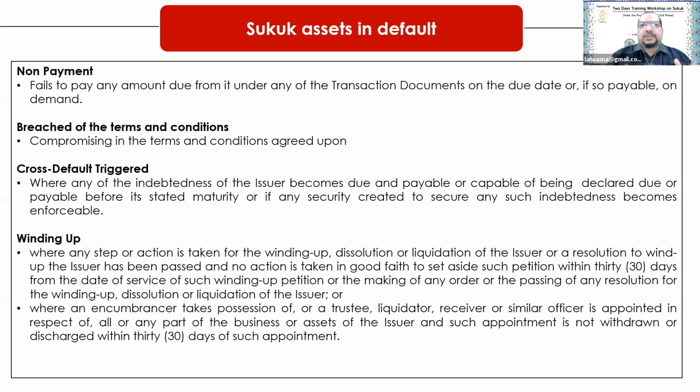When the Sukuk started, what will you expect? You will expect a semi-annual payment of a coupon, a profit or a rental, depending on the structure. Just call it semi-periodical, semi-annual payments. As long as you are getting this, everybody is happy.